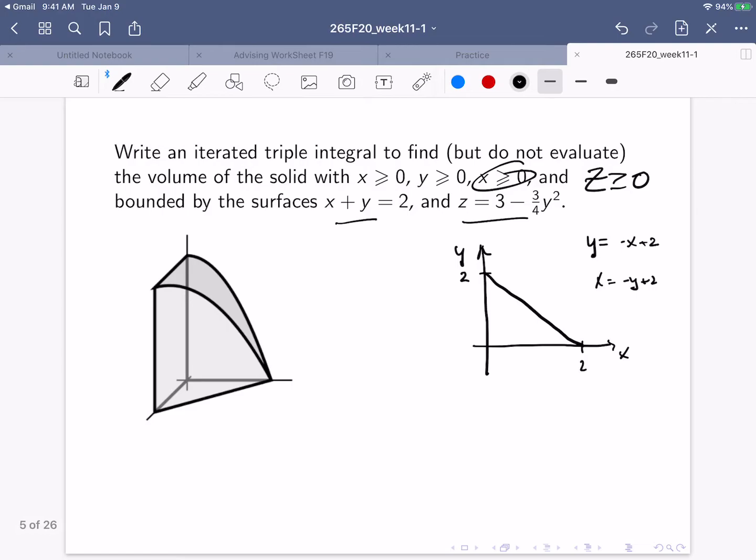The second surface, if I consider the yz plane, is z equals 3 minus 3/4 y squared. That's a parabola that opens down.